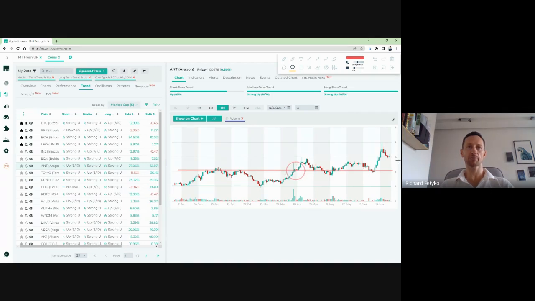You don't have this side part of the graph here. You're here. This resistance area of $3, where previously sellers have come out and sold and pressured the price down, has been broken. The buyers are so aggressive. They've soaked up all the supply here and broken through this resistance level. Now this resistance level becomes support. So that's the concept of polarity.